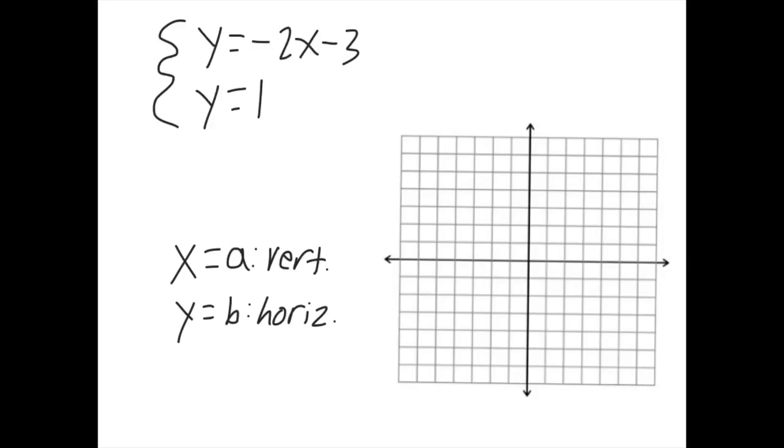So, first let's graph our y equals negative 2x minus 3, making this red and this blue. So the y-intercept is negative 3, and then the slope is negative 2.